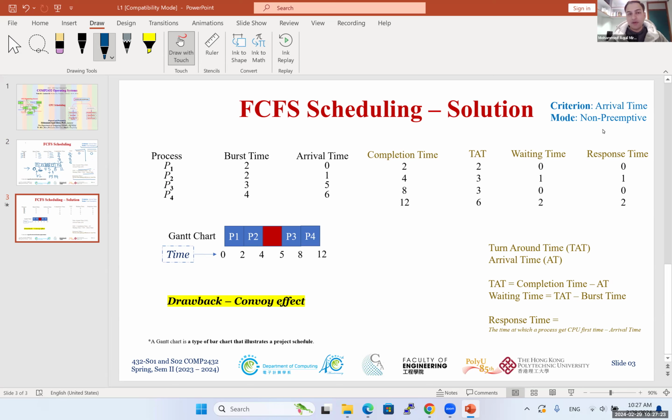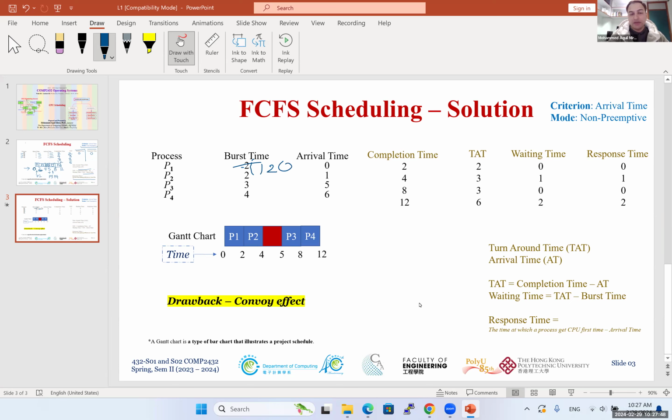Now, one of the problems with the first come, first serve scheduling algorithm is the convoy effect. So what do I mean by convoy effect? So usually, whenever you have a big process, suppose here, instead of process P1 having the burst time as 2, suppose the process P1 has a burst time of 20. Instead of 2, it has 20 burst time.